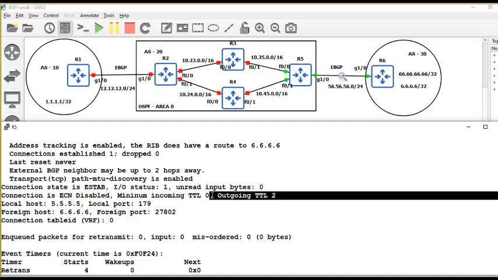Only when you make the outgoing TTL 2, the rule gets broken, and you will see BGP start sending the packet.